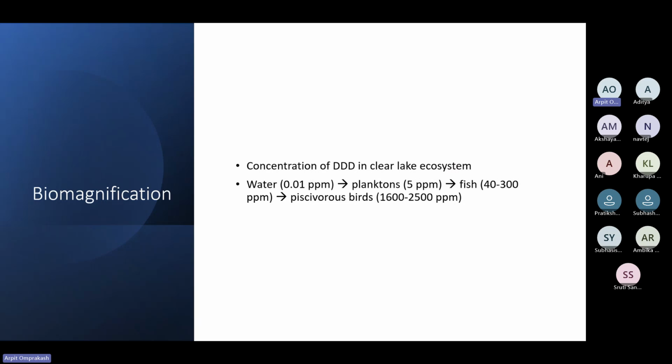In a clear lake system, even if we have 0.01 ppm, or parts per million, of DDT in the water, it has been found that the concentration of DDT in planktons is 5 ppm. For fish, it ranges from 40 to 300 ppm. And for piscivorous birds, birds which eat fish, it ranges from 1600 to 2500 ppm. So it increases manifold.